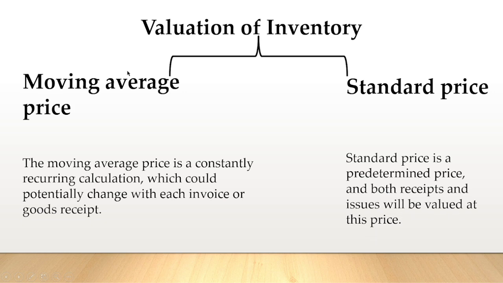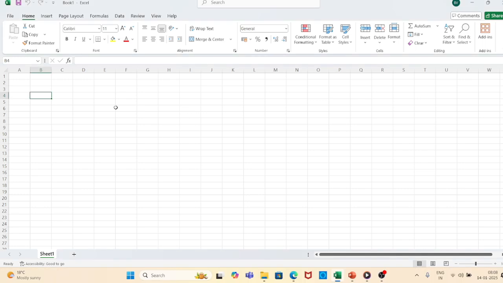I will give you an example of moving average price. For example, take inflow. We have an inflow of 100 units. The price is 10 rupees. Then its total value is 100 into 10, 1000.